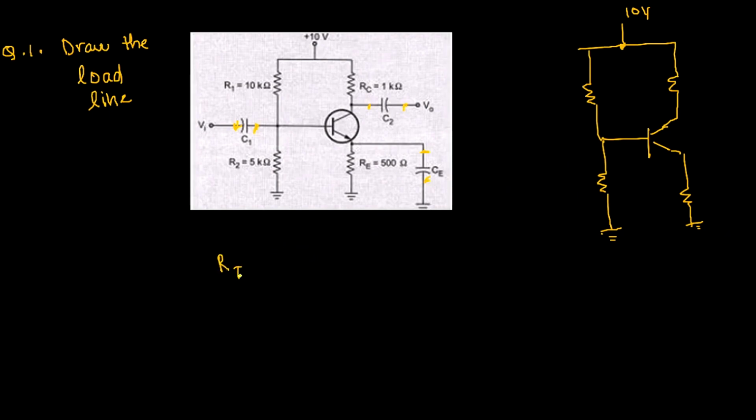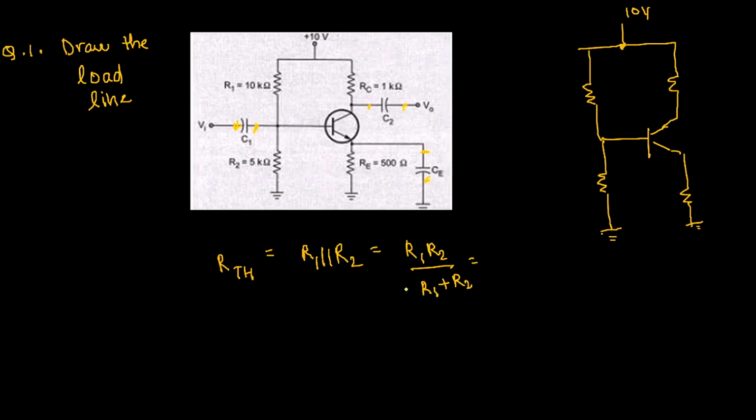To find RTH, like we already discussed, RTH is R1 parallel to R2, and the value of R1 here is 10 kilo ohms and R2 is 5 kilo ohms. So R1 parallel to R2 is R1 into R2 divided by R1 plus R2.